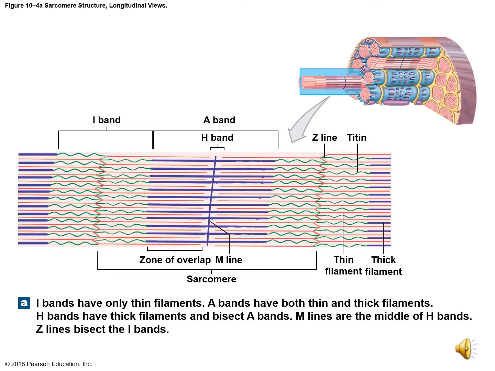The red stripes were from the A band, and the white or lighter ones were from the I band. So if you think of A bands as dark, dark has the letter A in it. I bands as light, light has the letter I in it, to help you remember it. Your A band is made up of thick filaments, and your I band is made up of thin filaments only.